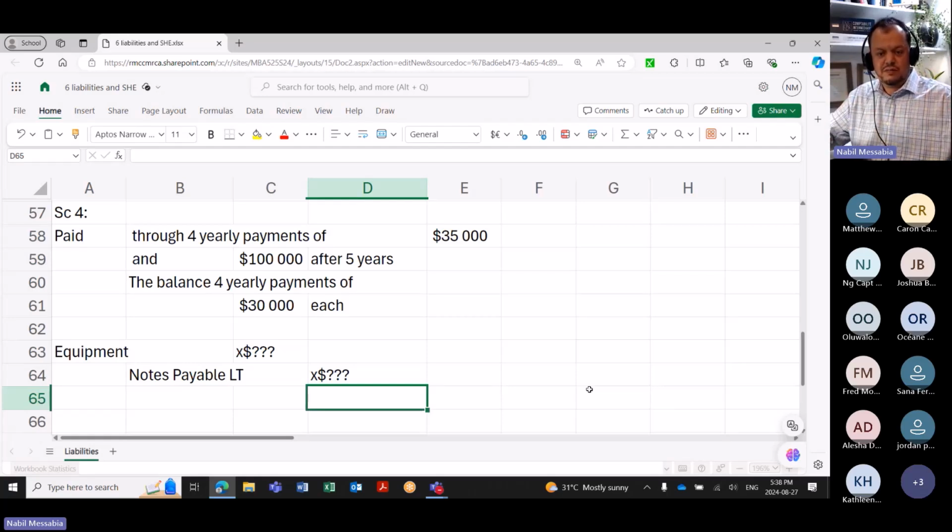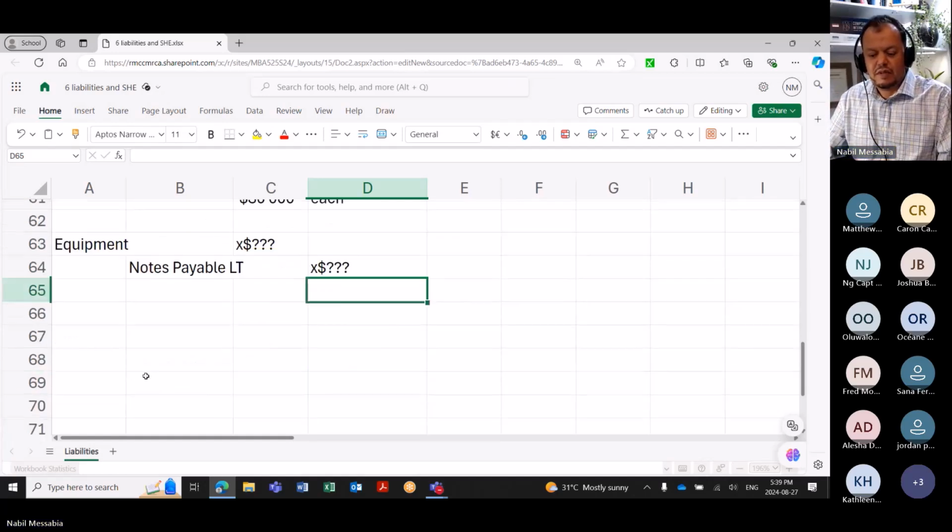That is one pattern. And the other pattern is a single payment within 5 years. If the single payment was within 4 years with the 35,000, we can use the same formula. But in this case, the fifth payment will be done within 5 years. So we have to use two present value calculations: a present value calculation for the installment, and a present value calculation for the single payment.